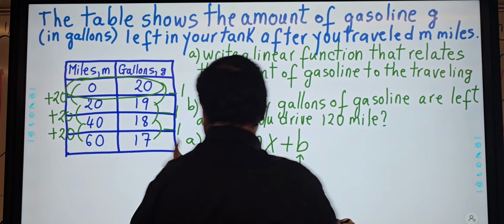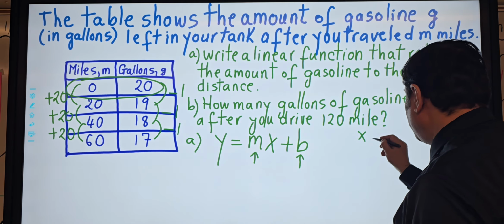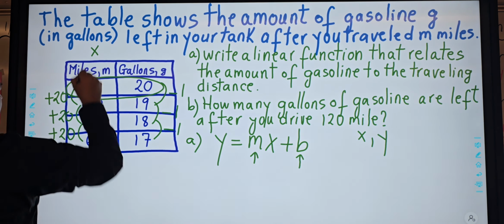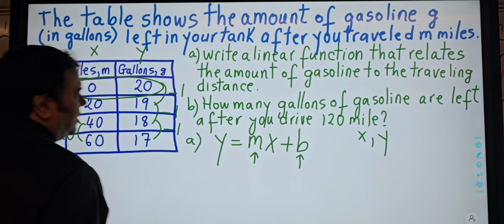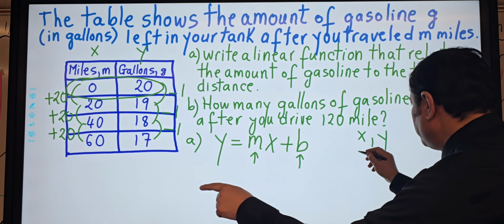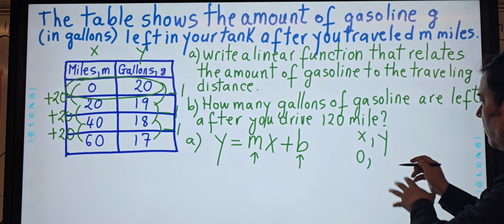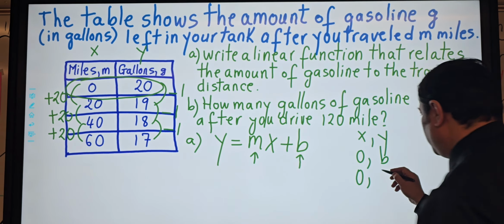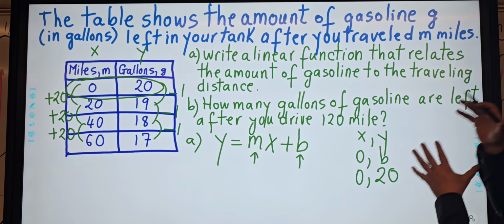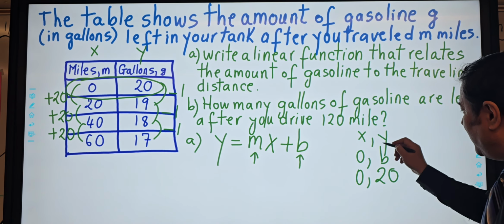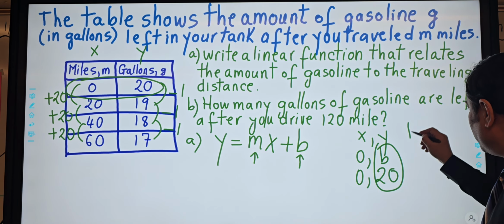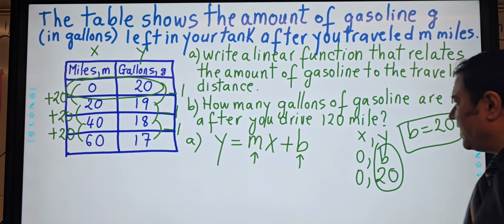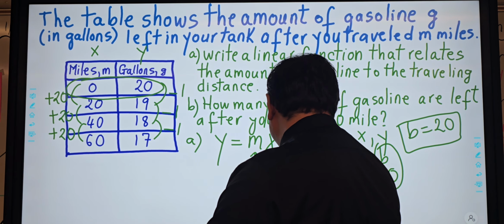Our x is the miles and our y is the gallons, right? So when x equals 0, b is 20. We know right away that our b, or the y-intercept, is 20.